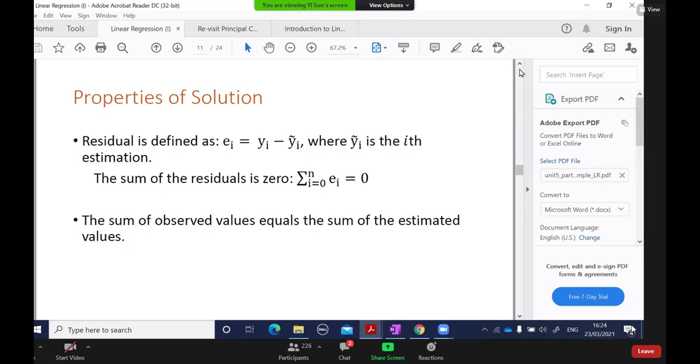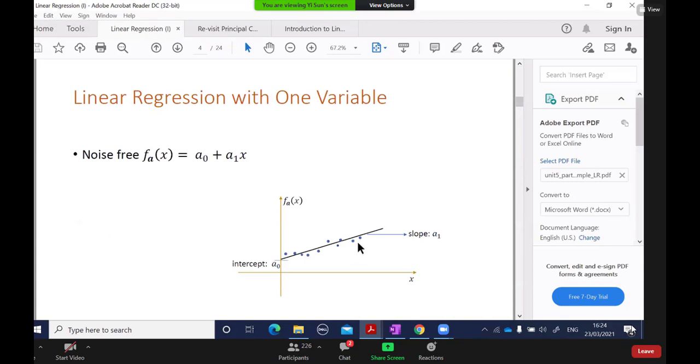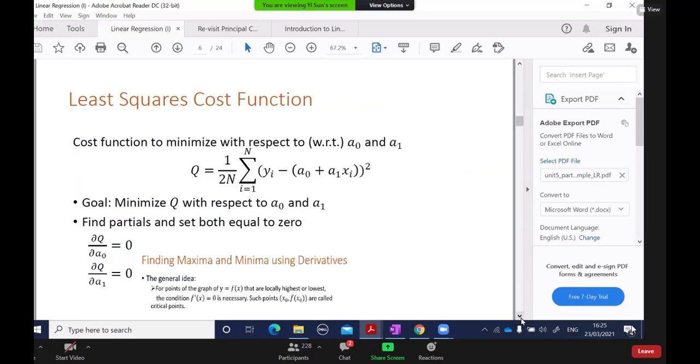See, for example, here, the data point is usually not exactly on this line. The vertical distance between a data point and this line is called the residue.